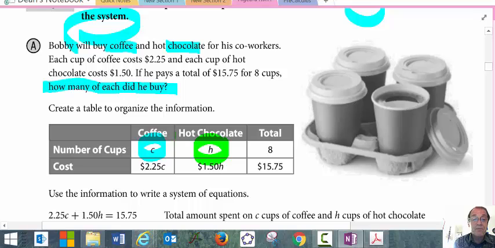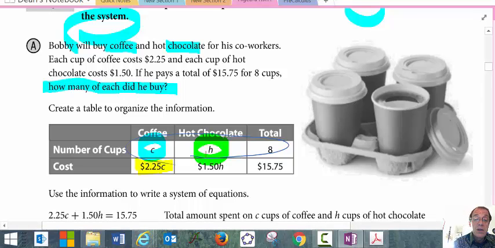And so the count equation is going to be C plus H equals 8. Now since each cup of coffee costs $2.25, then 2.25C tells me the total cost of the cups of coffee.